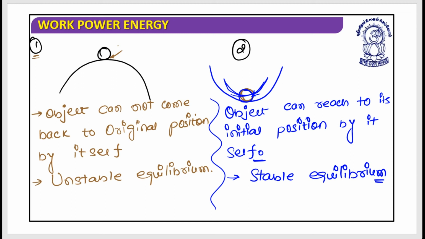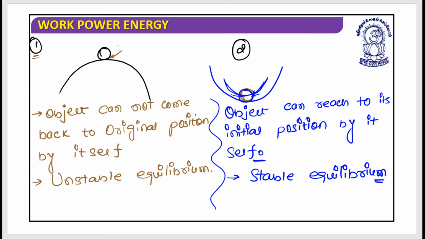Now stand aside and observe whether my object is capable enough to come to its initial position on its own. If the answer to this question is yes, then it would be a stable equilibrium. But if the answer is no, then it would be an unstable equilibrium. It is as simple as that.